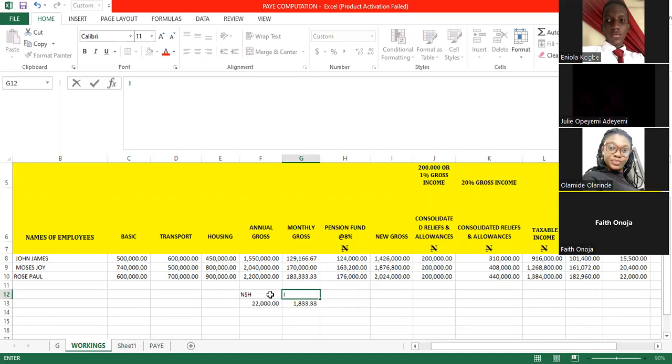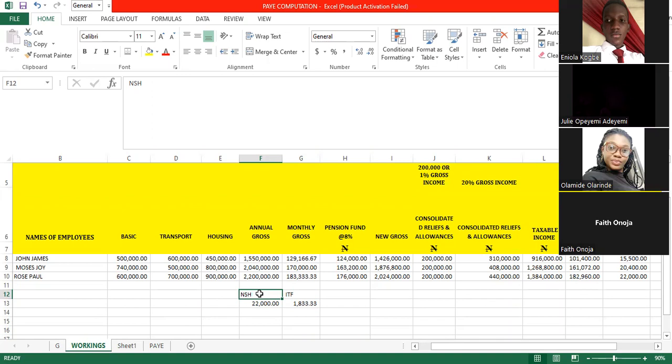So this one is 1%. What of the HMO? The HMO is not the Nigeria Social Insurance Trust Fund.